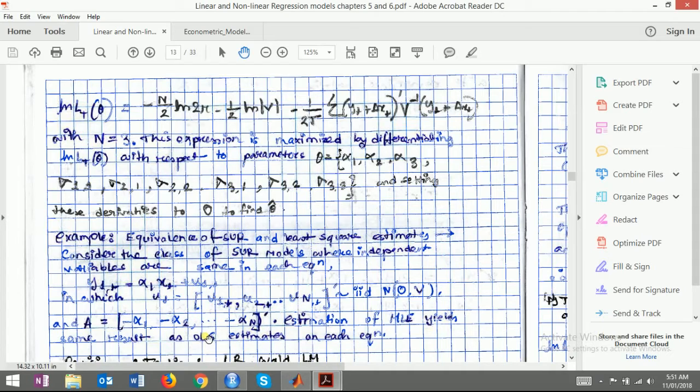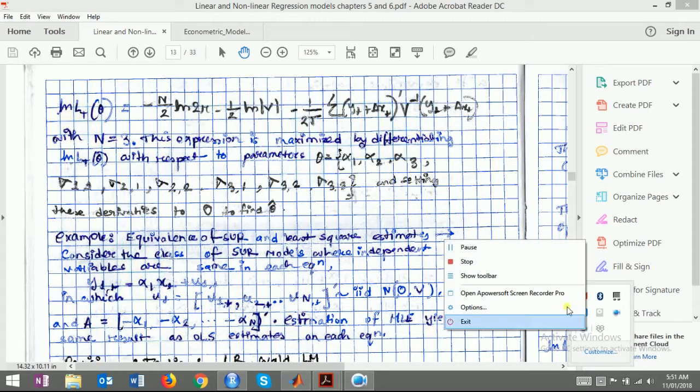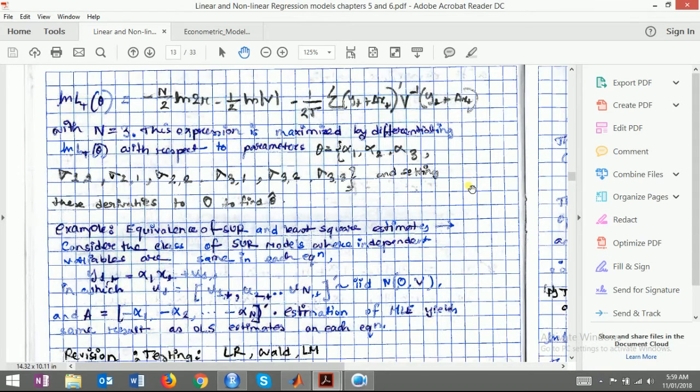Example, equivalence of seemingly unrelated regression and least squares.